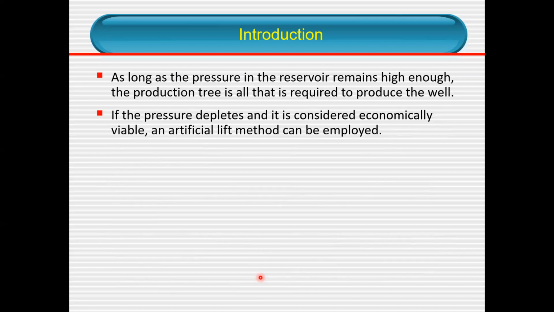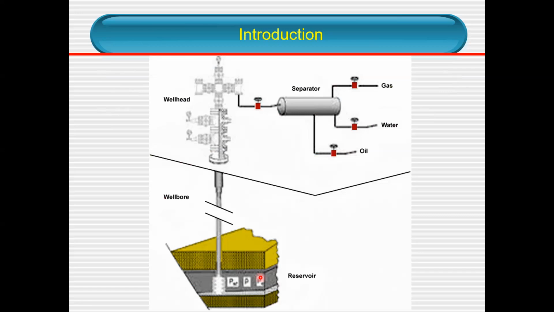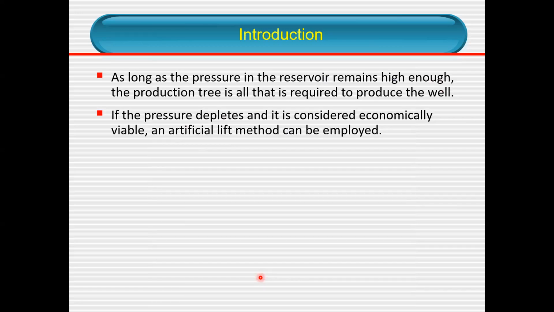If you have enough pressure in the reservoir, it is easy. Once you start drilling, you put the tubing and casing inside, and naturally the oil is going to be produced to the surface, or it is automatically moving, sorry. Naturally, the production is going to be there if you have enough pressure.